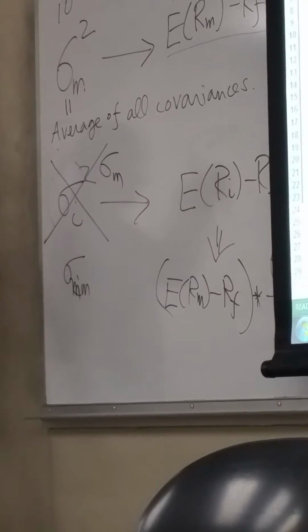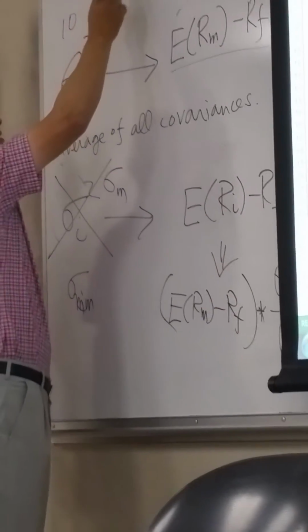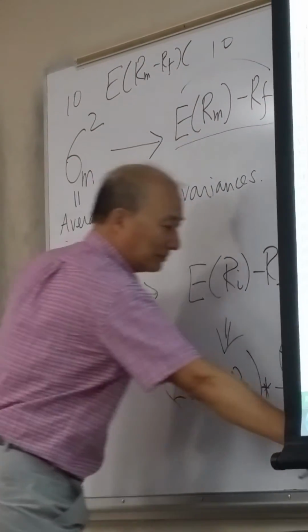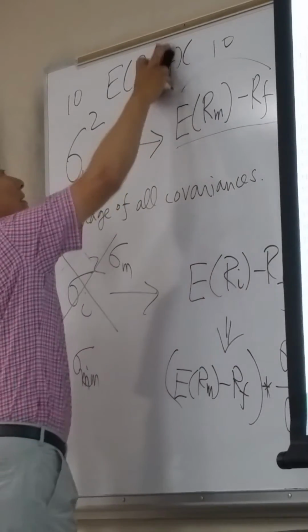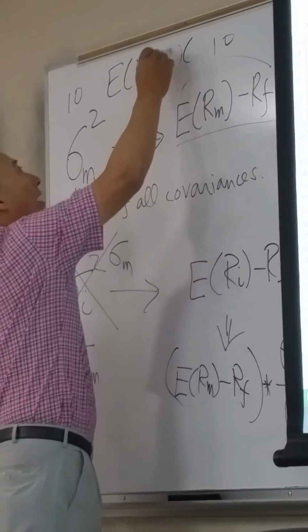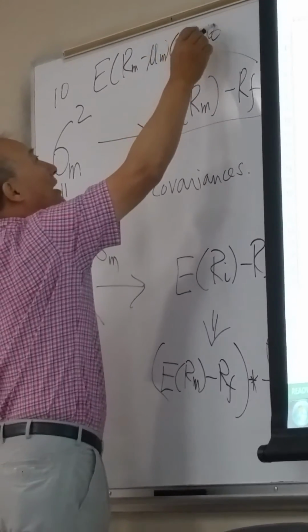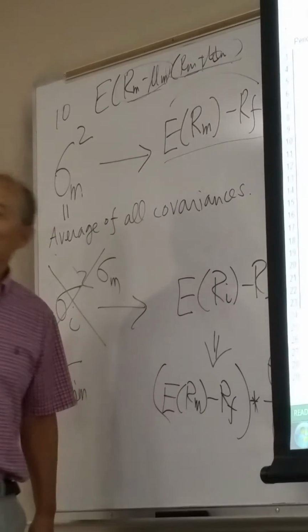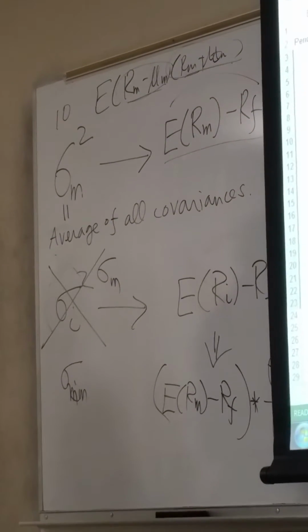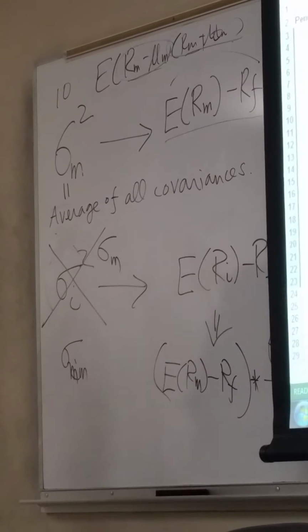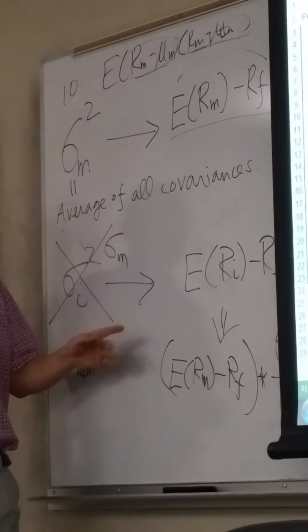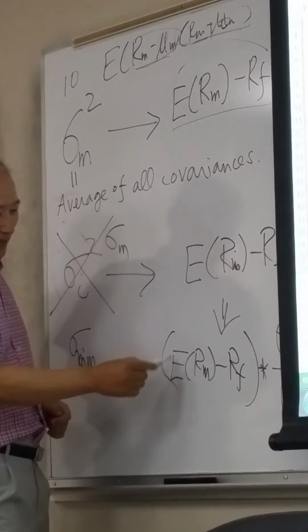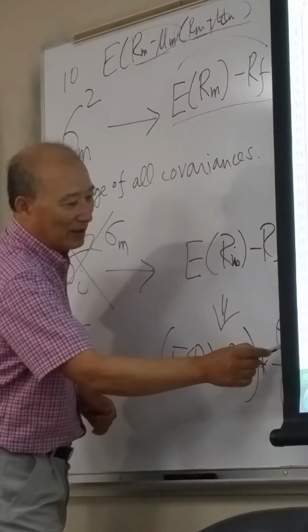Covariance between m and m is the expected value of Rm minus mu m, Rm minus mu m, right? So I'm looking at the cross product of that. Oh, this is the same thing. And therefore, the expected average of the square of that is a variance, right? Okay. So we see that covariance is sigma m squared. So Rm minus Rf must be the expected value of Rm minus Rf times what?